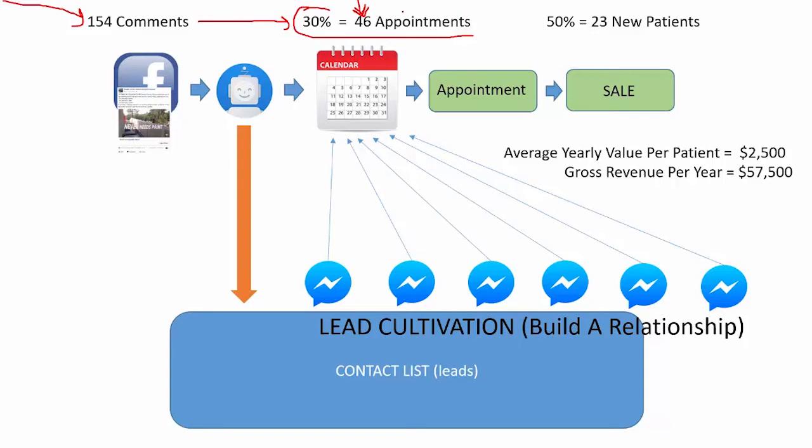Now, out of those 46 people, we can expect that roughly 50% of those people will actually sign up for a care plan or whatever service that particular business is offering, right?